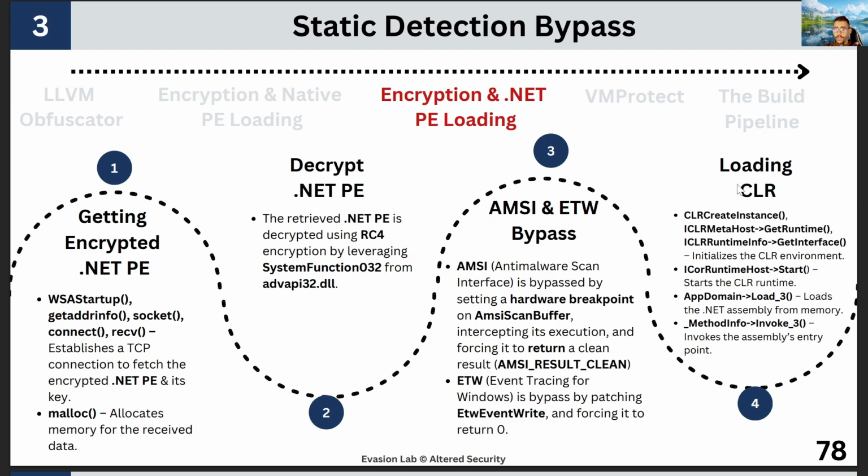The last phase is loading the CLR, or loading .NET. After bypassing security measures, the final step is loading and executing the .NET payload. We first do the CLR initialization by calling CLRCreateInstance, ICLRMetaHost GetRuntime, and ICLRRuntimeInfo GetInterface.